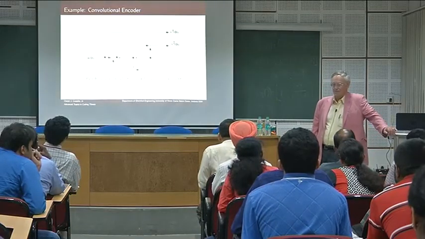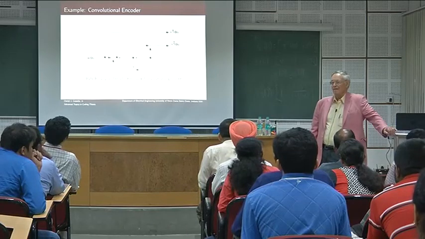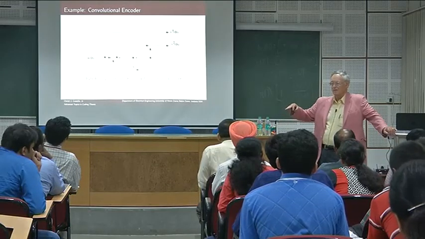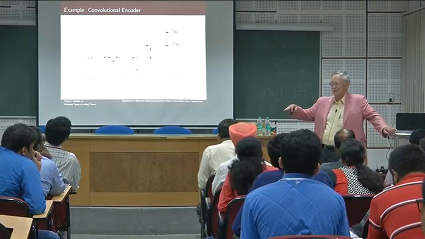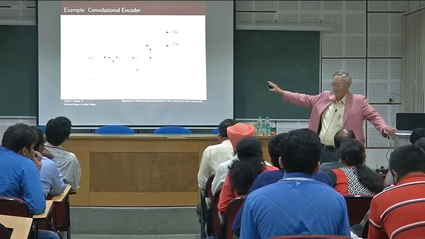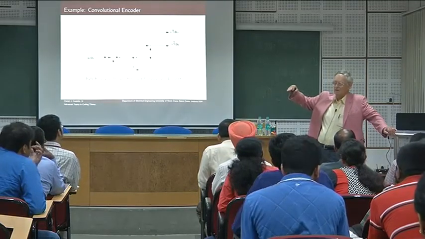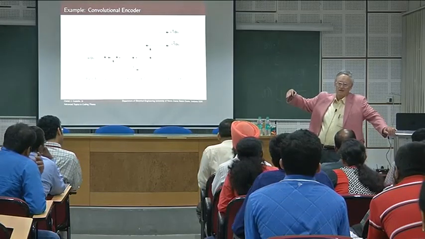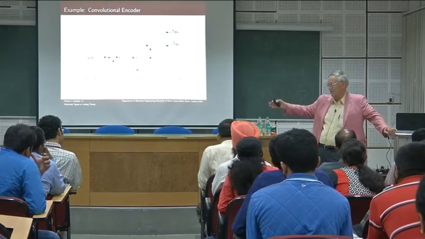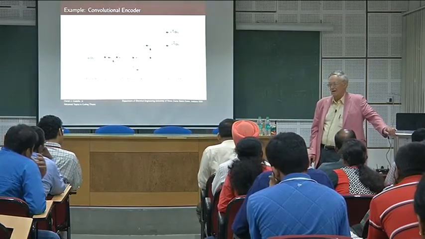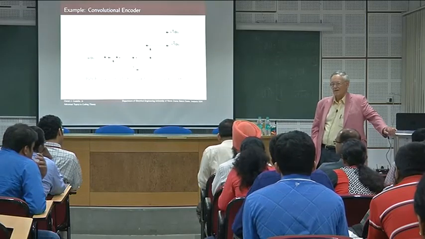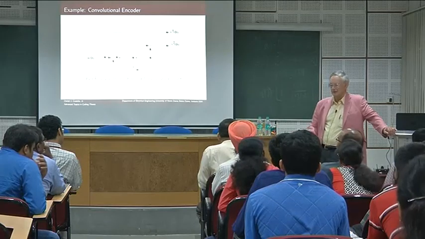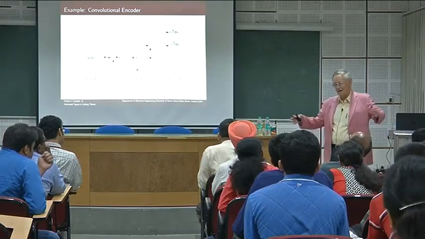And why would you bother with all that complication? Well, when you terminate these things by forcing them back to the 0 state, there's a little bit of rate loss involved. Otherwise, we're talking about a rate 1/2 encoder here. But the last 2 input bits, if you want to force back the all 0 state, have to be zeros, or the last M input bits in general. So they're not information bits. So the rate for a terminated encoder is slightly less than 1/2, depending on how long the sequence is.